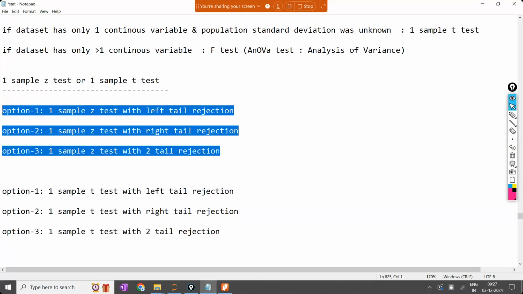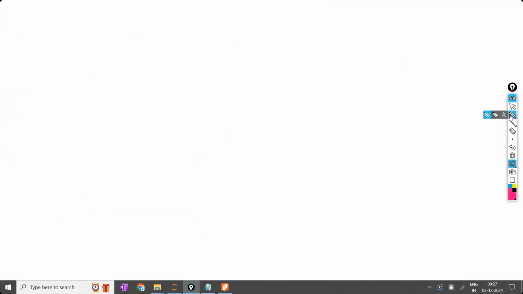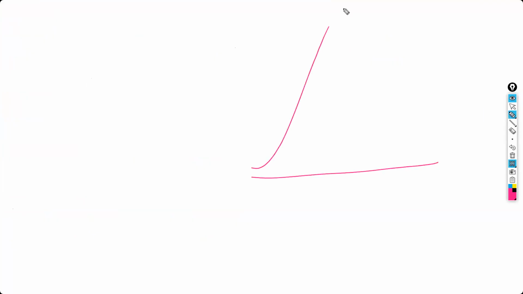Now, what is meant by this? Do you remember in the last class we discussed how to reject the null hypothesis? For example, this is your normally distributed data. What is alpha? Alpha is the level of significance at which we reject the null hypothesis.